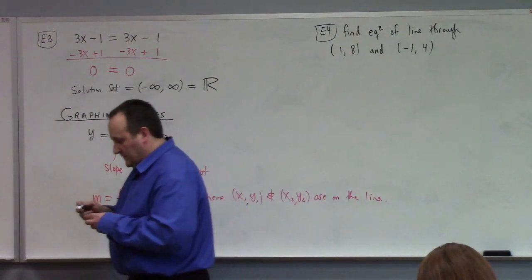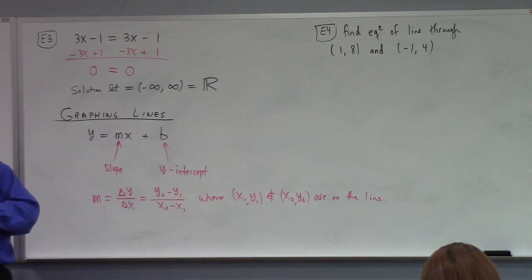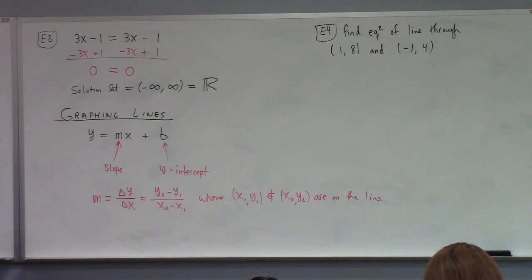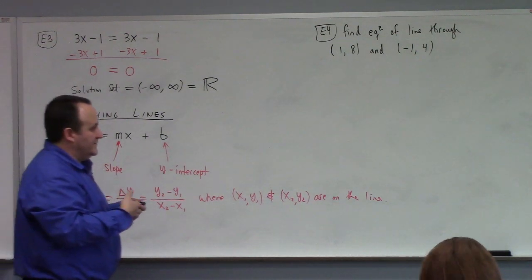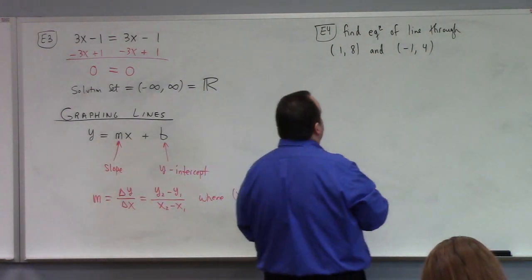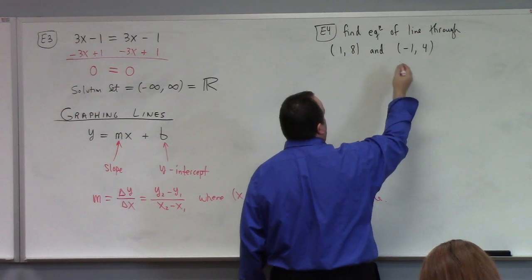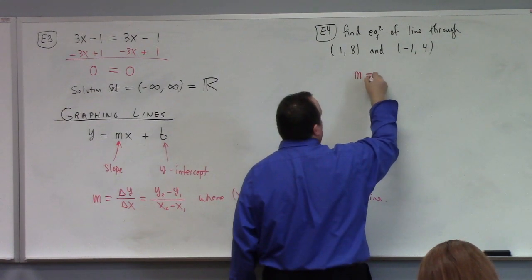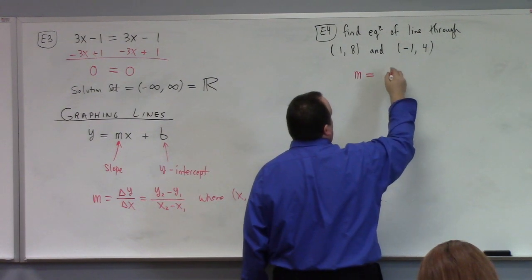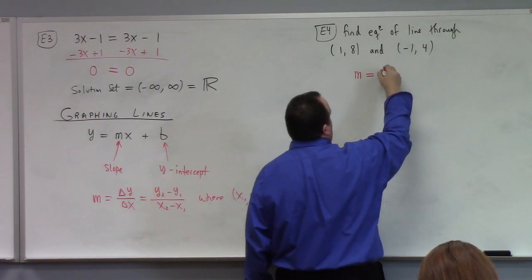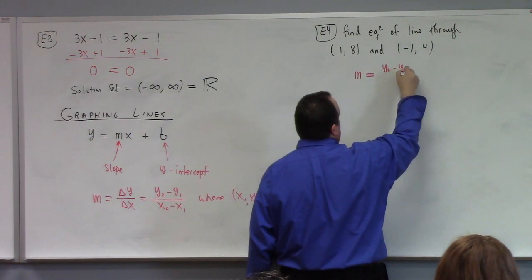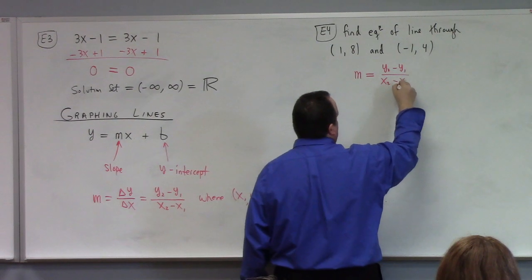How do you find the equation of a line through 2 points? Well, we need to figure out the slope, right? And the y-intercept is one way to do it. So, what's my slope? I'm going to think about this as y2 minus y1 over x2 minus x1.